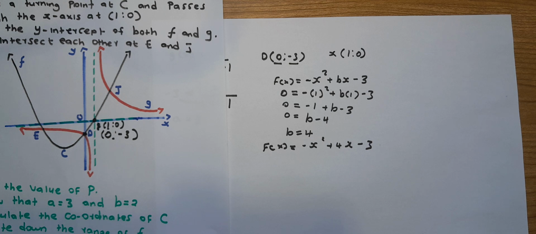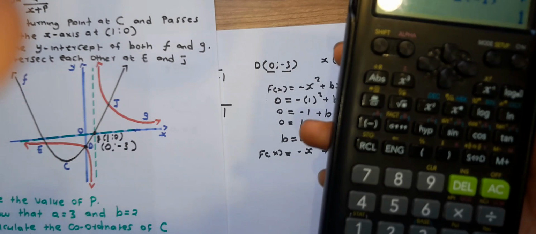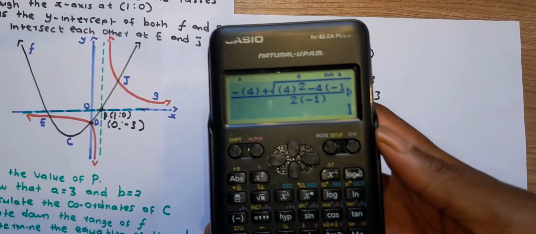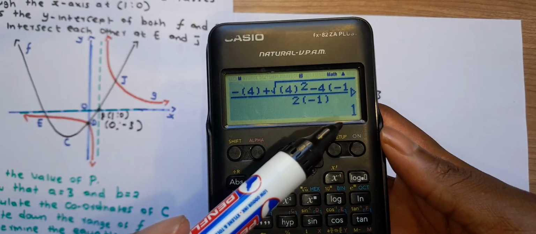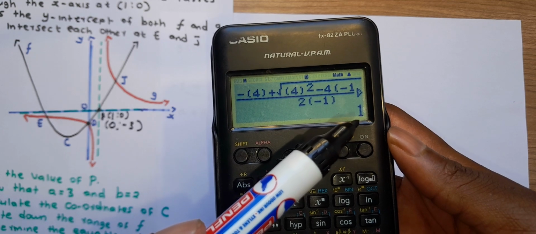I might have made a mistake, or I might not have. You see, I still get that the first value of x equals 1, right?